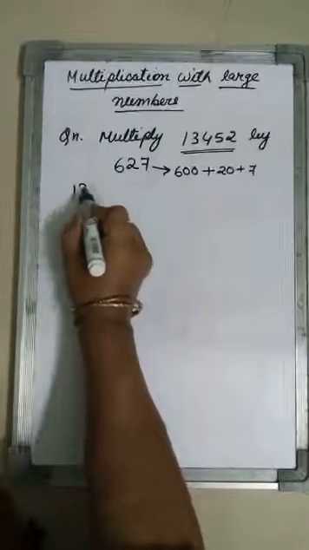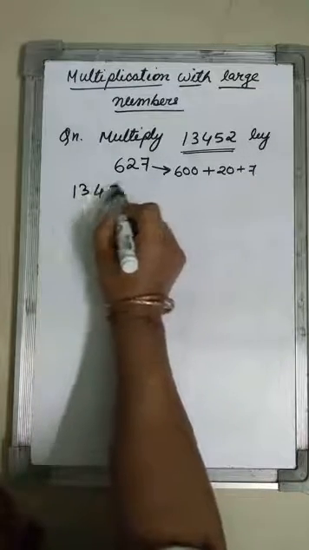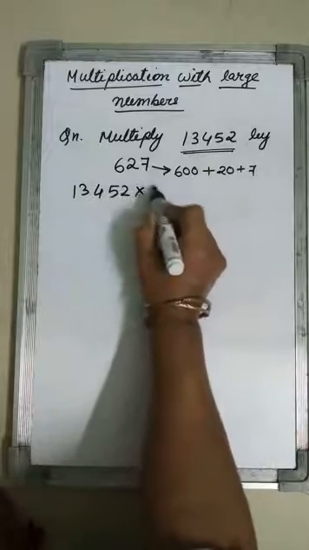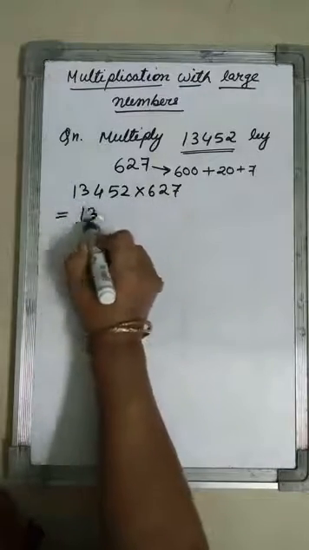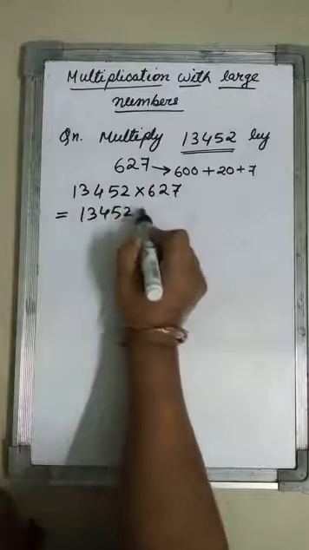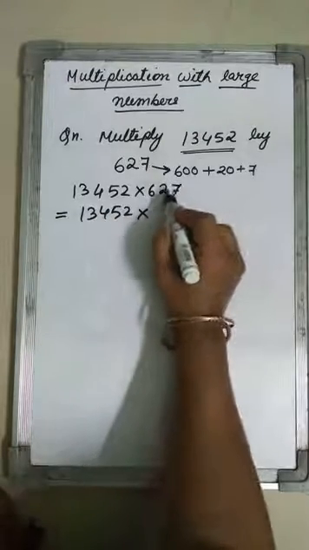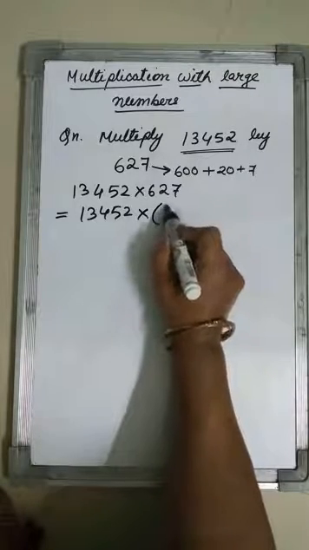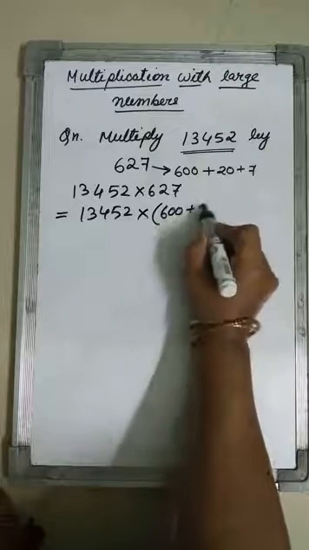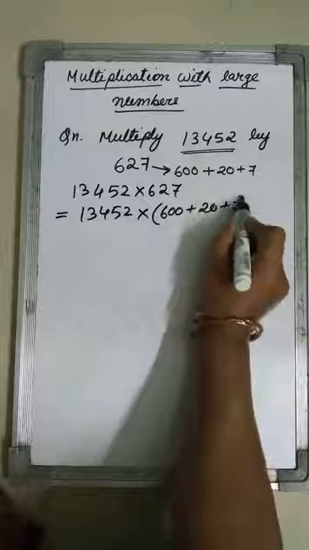So 13452 into 627, I can write 13452 into, in place of 627, I am writing the expanded form within bracket: 600 plus 20 plus 7.